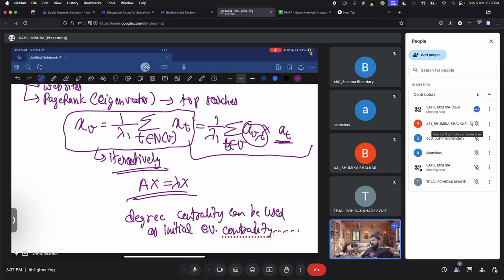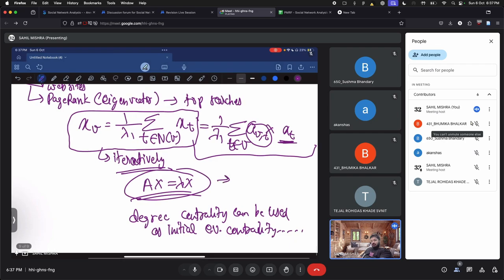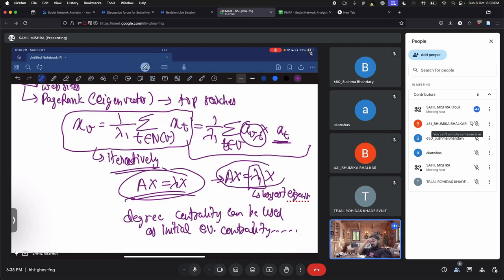So this is how this equation is written, and this lambda 1 is computed like this. Lambda 1 is the largest eigenvalue after solving this equation.